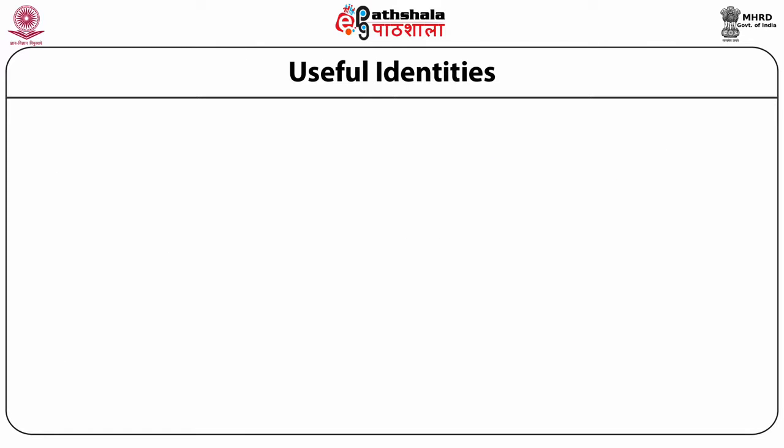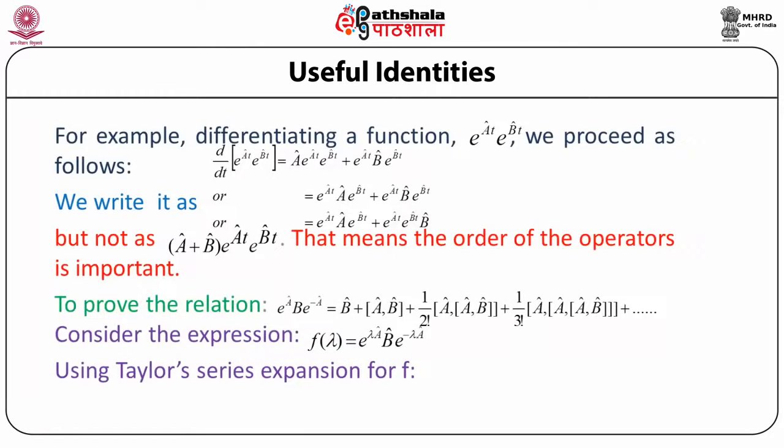Useful identities. Now, for example, if we want to differentiate a function, then let us consider the following case. Differentiating a function e to the power operator a times t, e to the power operator b times t, we will proceed as follows.